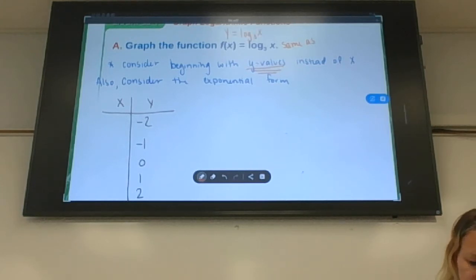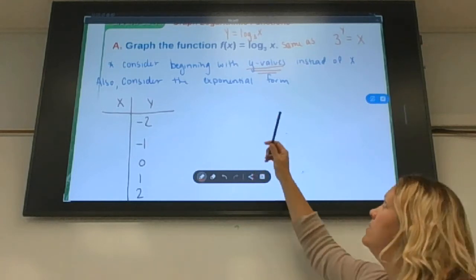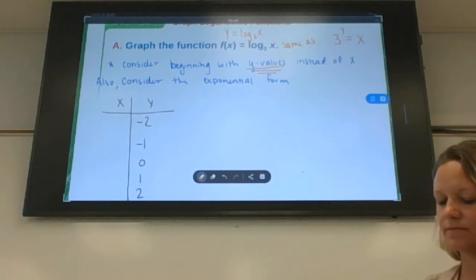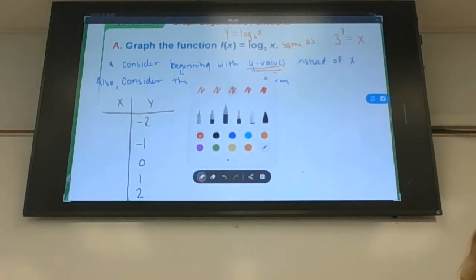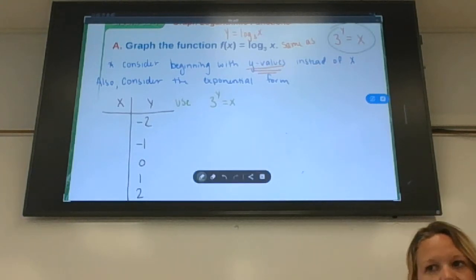Converting this to exponential form would be to say 3 to the y equals x, because it's base to the power equals the argument. So really, I'm going to use 3 to the y equals x, which is the converted form.